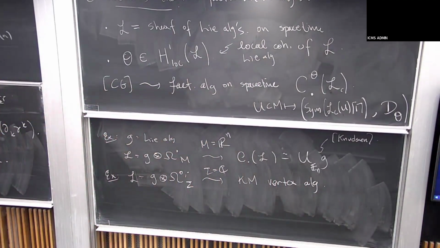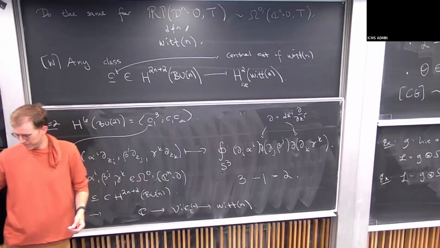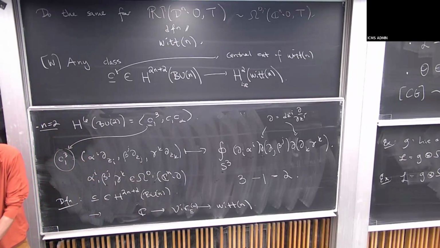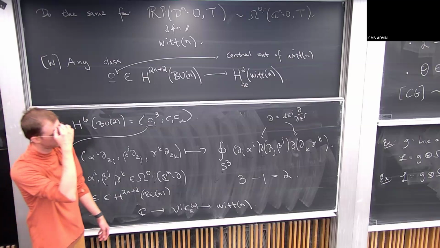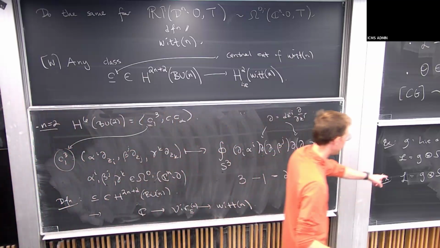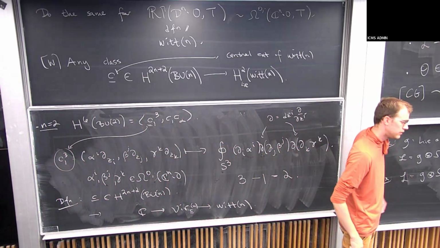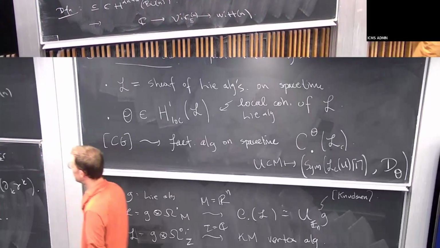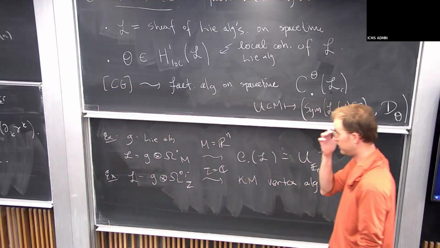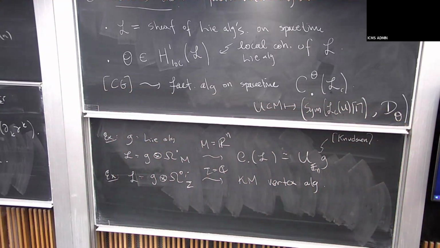Sorry, I have a basic question. The previous description of the non-derived case, what is the relation here? Is it the last example? In the previous case, you explained the anomaly as a line bundle over the moduli, and this local cohomology class, does it correspond?